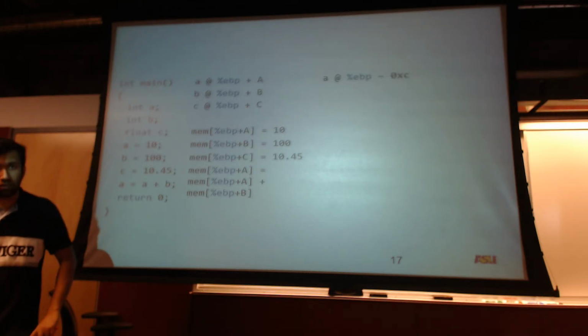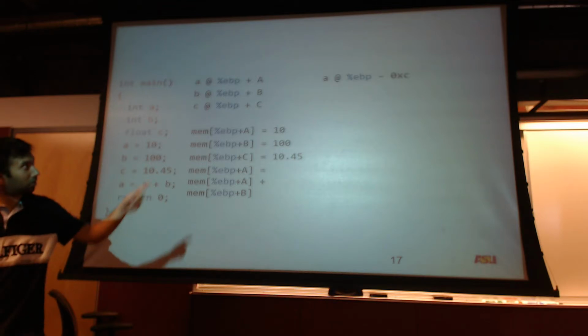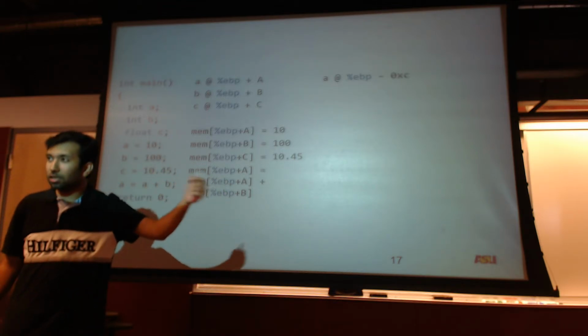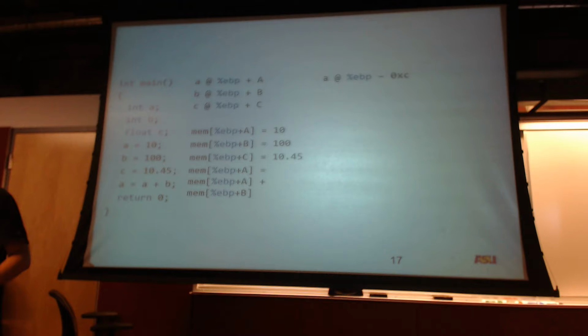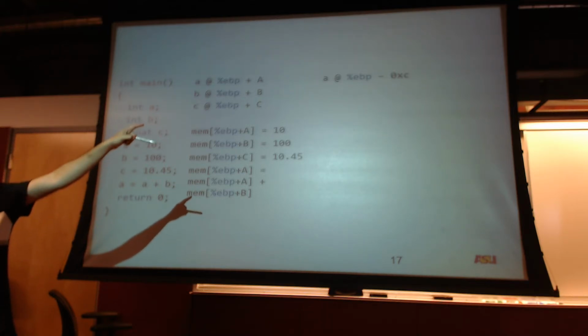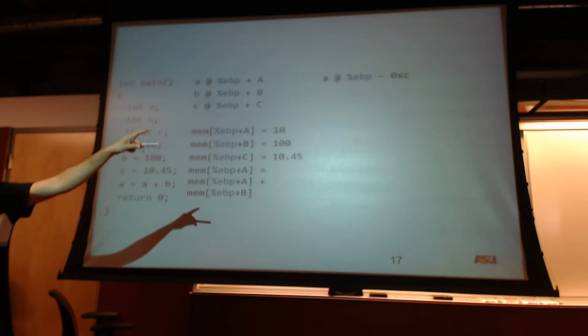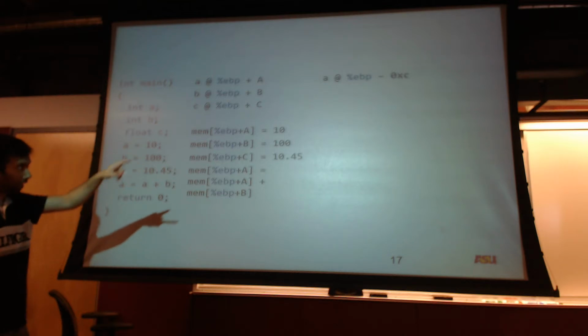Storing A in the stack means you're pushing it, so you decrement first and then put the value in. So EBP minus C. Now remember, EBP is not decremented. EBP remains the same, so the frame pointer doesn't change. What changes is the offset. The offset is minus C, and that is the top of the stack.